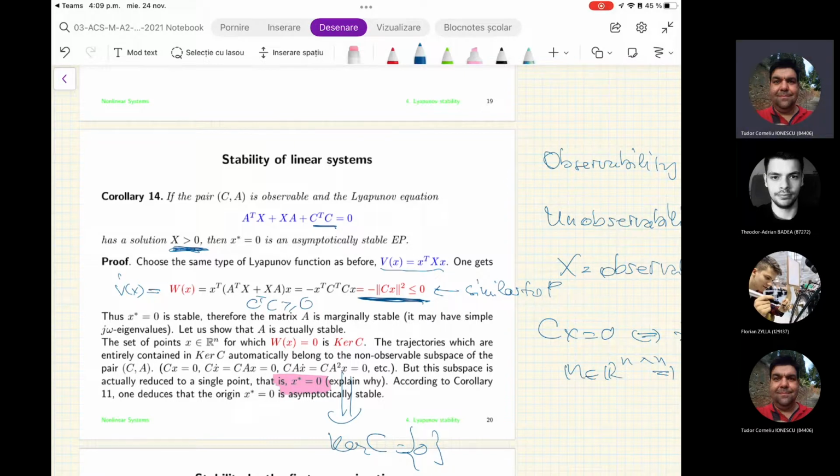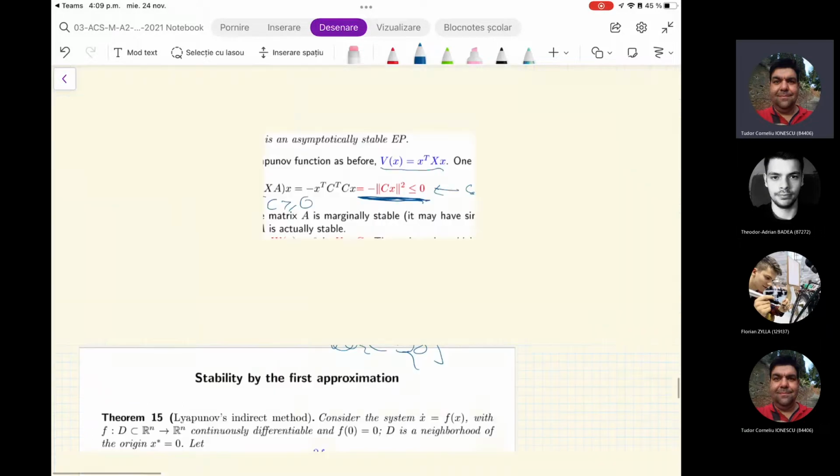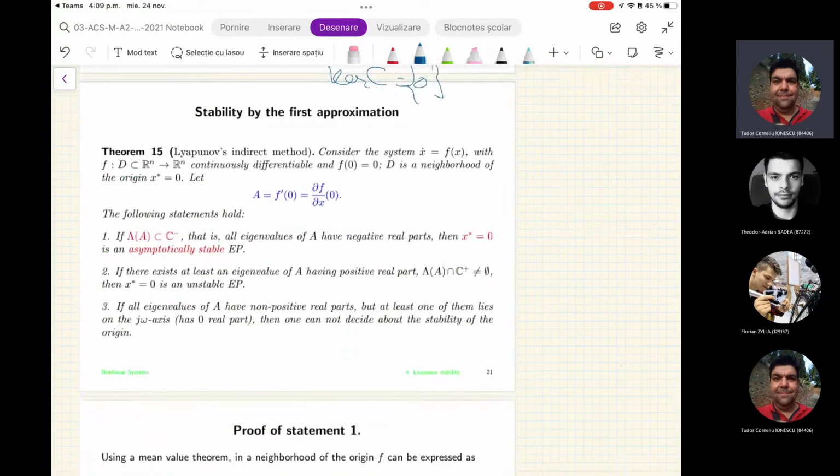Right. So, stability in the first approximation. It's called Lyapunov's indirect method. By first approximation, you remember we studied that when we had scalar systems, and then we repeated and discussed it because everything was based on first order approximation in the chapter for the second order systems.